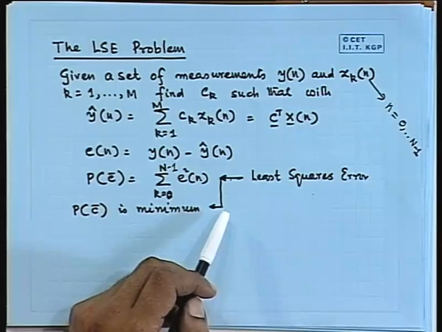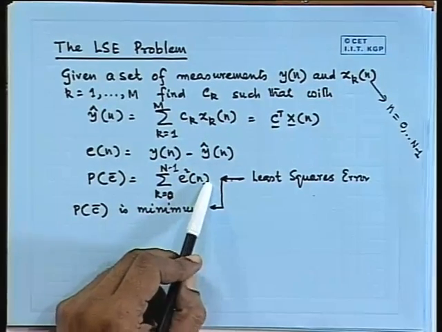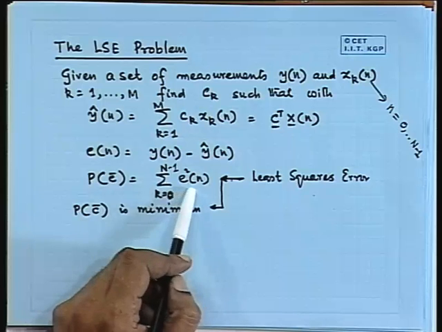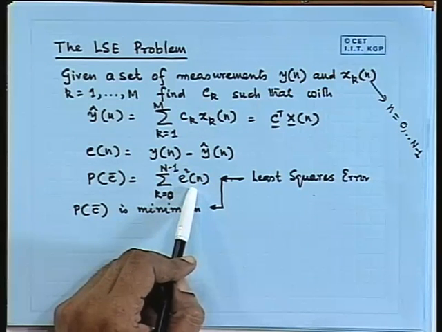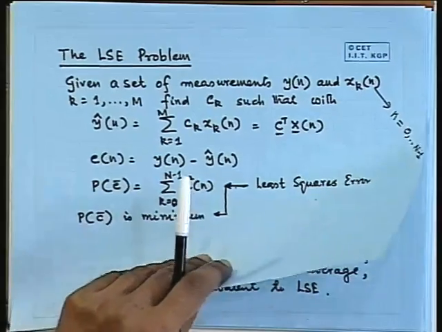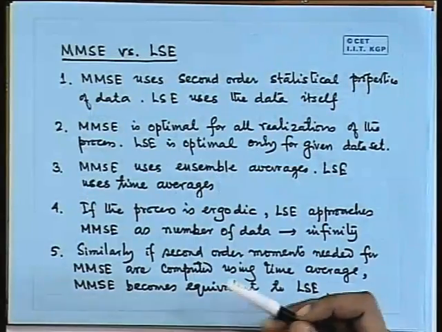It is a minimum mean square estimation problem. So rather than writing the sum of errors for these data points, there we wrote expectation of E square n. Actually they are absolutely similar. So now let us compare the minimum mean square error problem with the least square error problem.